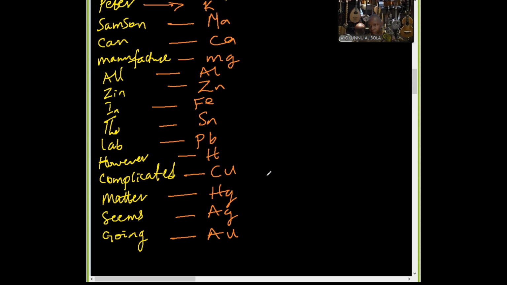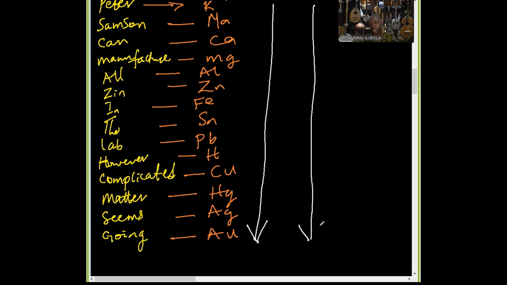From top to bottom, electropositivity is decreasing, which means electronegativity is increasing, because from bottom to top will be increasing electropositivity to the highest.